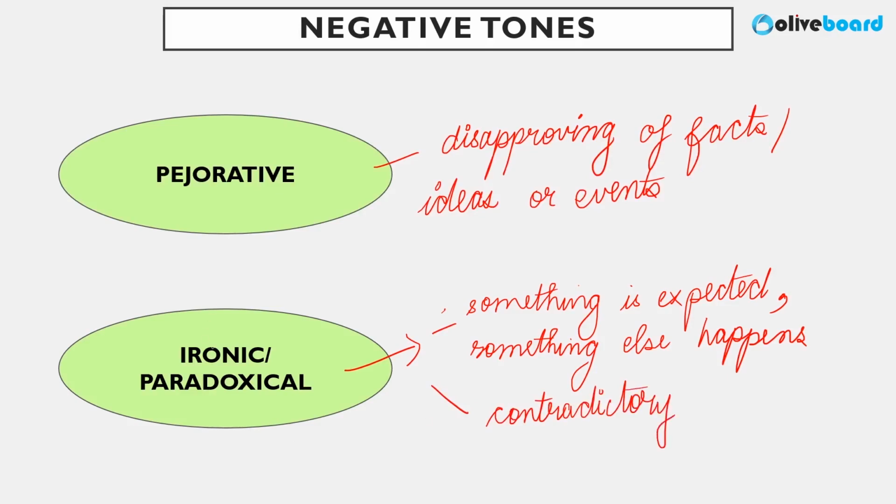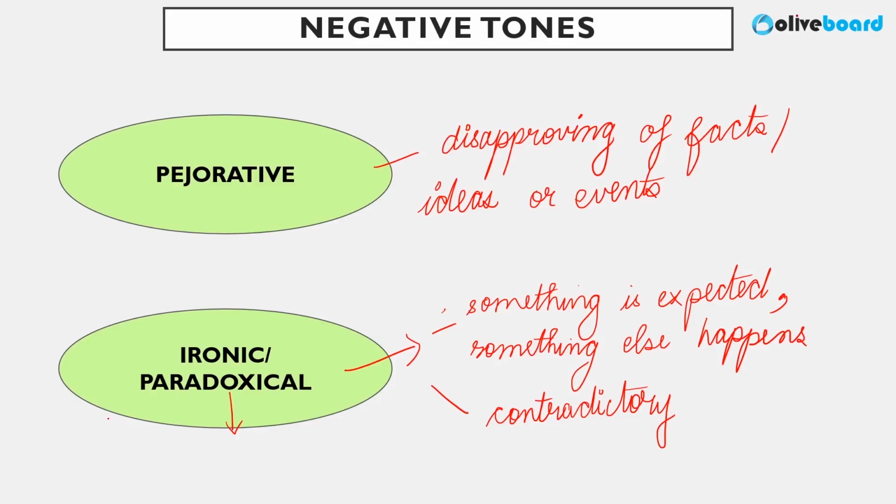I give a very easy example for you so that people remember paradoxical tone. So standing at the same place makes you more tired than roaming around. So this is a contradictory paradoxical thing. Okay, usually if you will roam around, move about, that will be more tiring, but it seems paradoxical that you are standing at the same place and that is making you more tired.